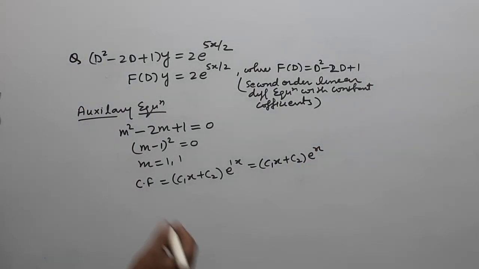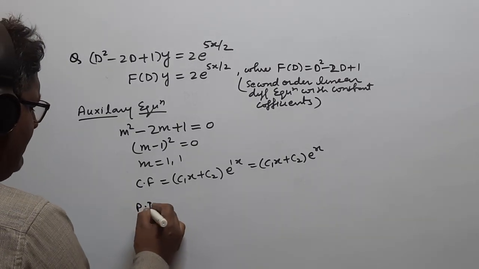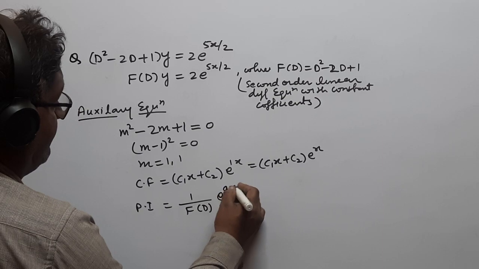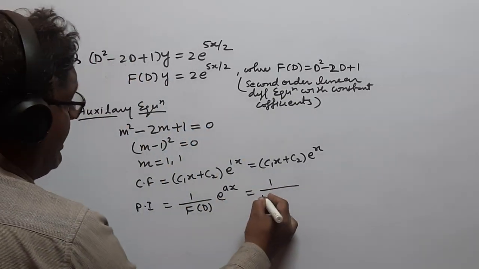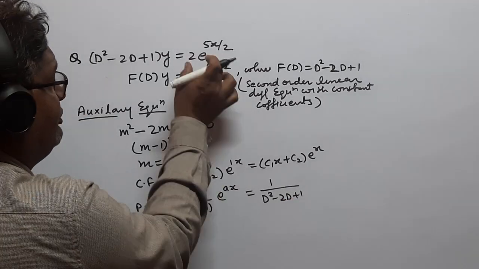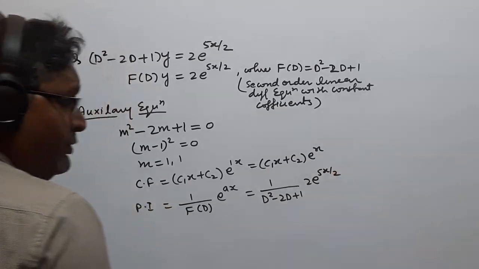Now we find the particular integral. For finding the particular integral, we write 1 upon F(D) and e to the power x. Here 1 upon F(D) is 1 upon D squared minus 2D plus 1, and in place of e to the power x we have 2 e to the power 5x upon 2.